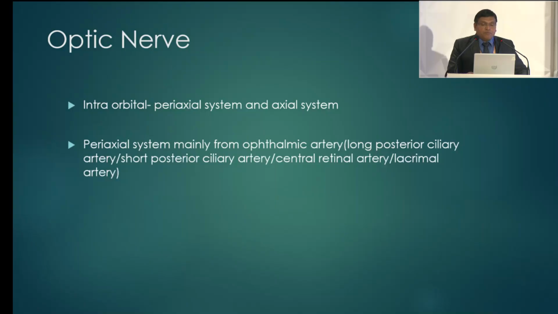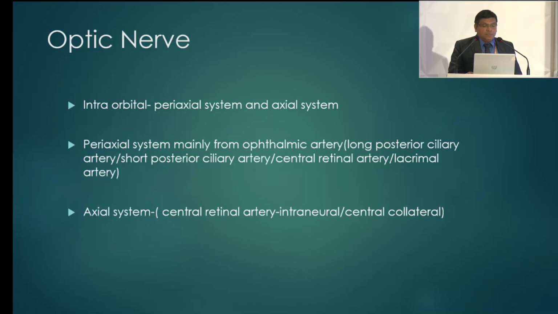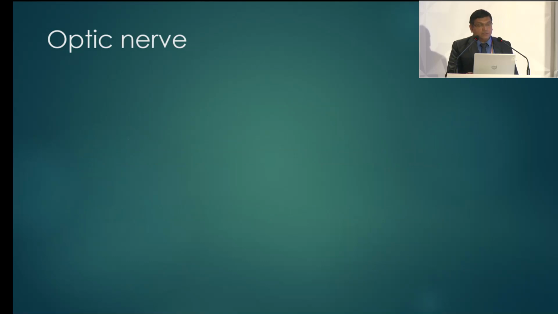The periaxial system is mainly from the ophthalmic artery and its branches, including the long posterior ciliary, short posterior ciliary, central retinal artery before entering the nerve, and the lacrimal artery. The axial system is basically from the central retinal artery. Once it has entered the nerve, it gives intraneural and central choroidal branches.